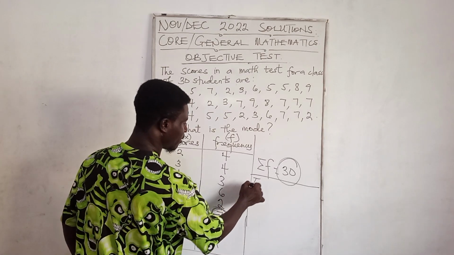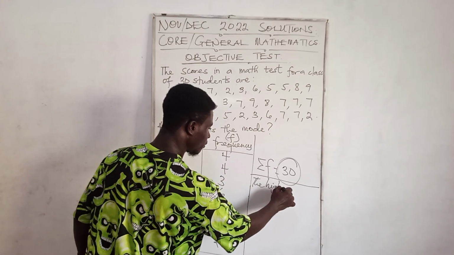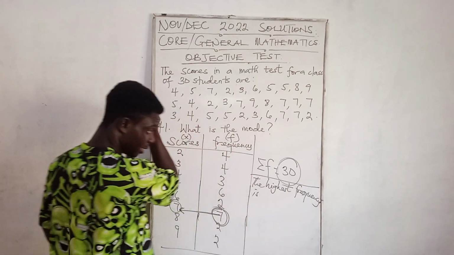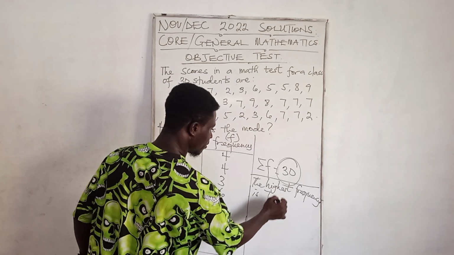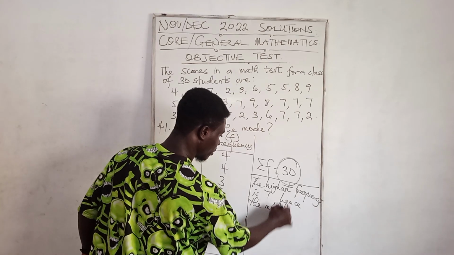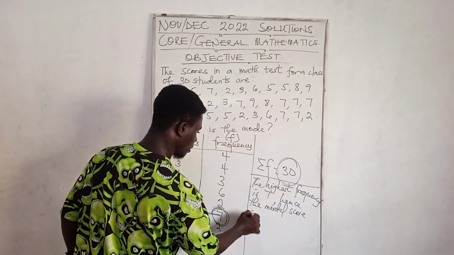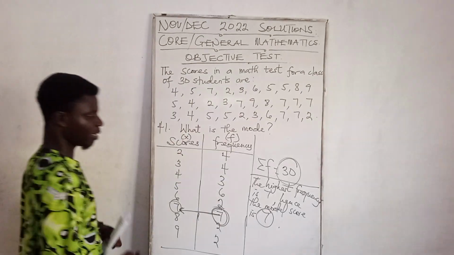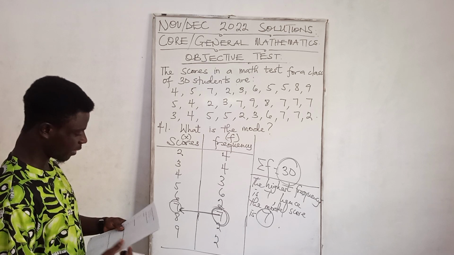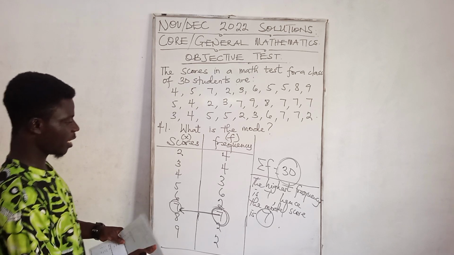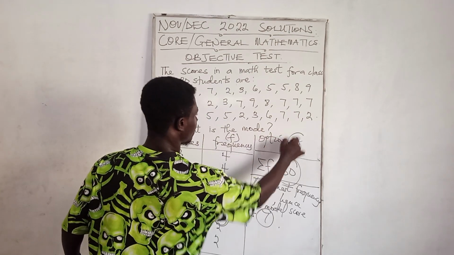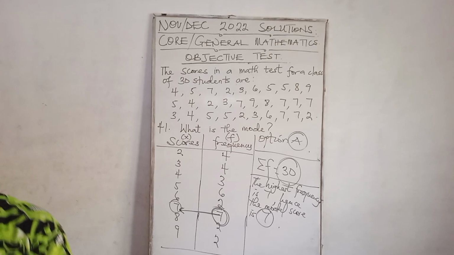So I can write: the highest frequency is 7, hence the modal score is 7. So we have this as option A. Option A for apple.